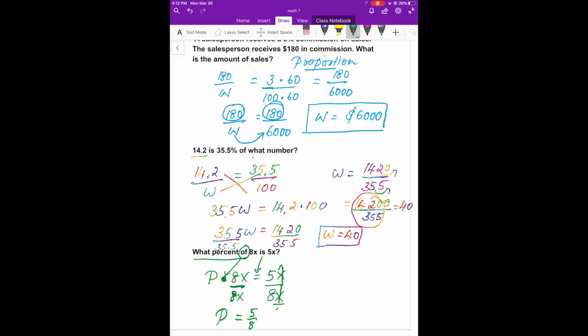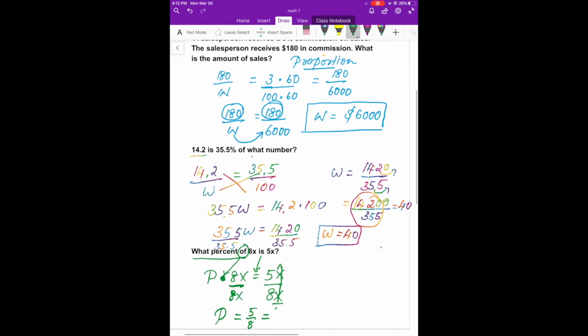So p is 5/8, but that is not in the form of a percent. You need to convert that into a percent. Let's convert that into a decimal first. 1/8 is 0.125, so you can multiply that by 5, or if you don't remember, you divide 5 by 8.